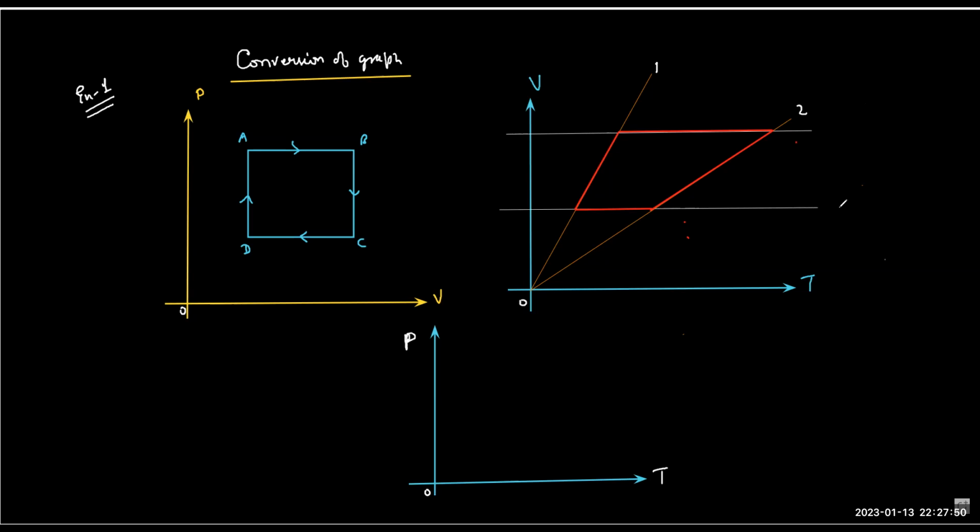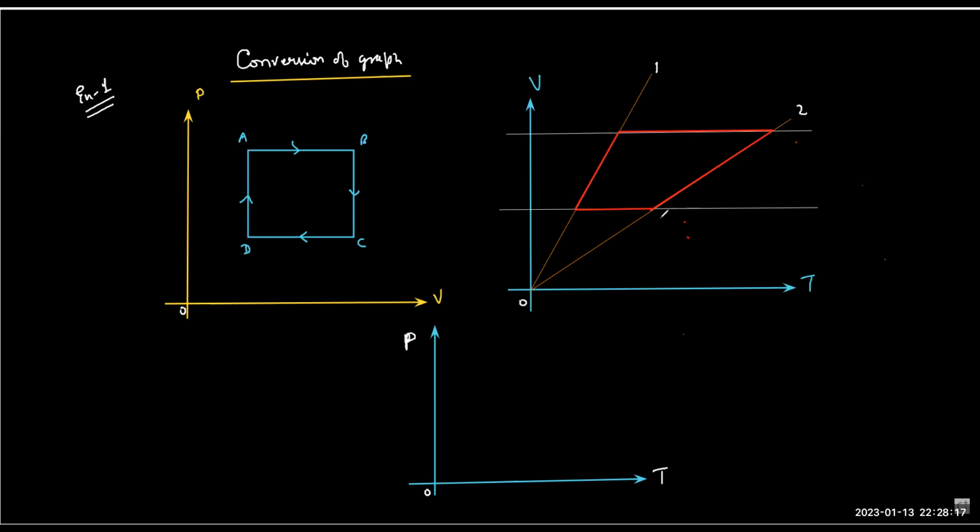Now let's talk about the first process. AB is an isobaric process, and the volume is increasing from A to B. So A to B is at high pressure, and the volume must increase.